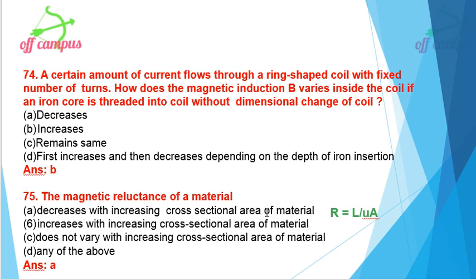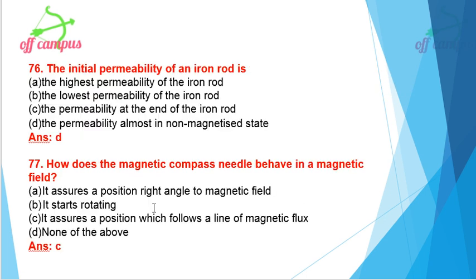Option A is the right option. The rest of the options, including C, increases with increasing, does not vary, are also wrong. Then question number 76.